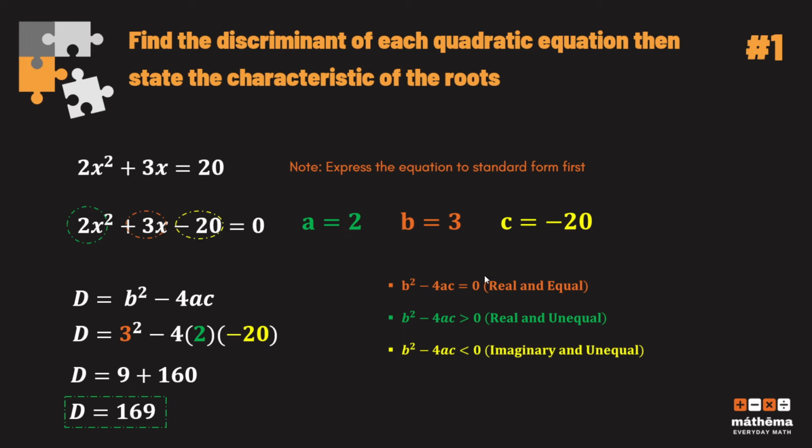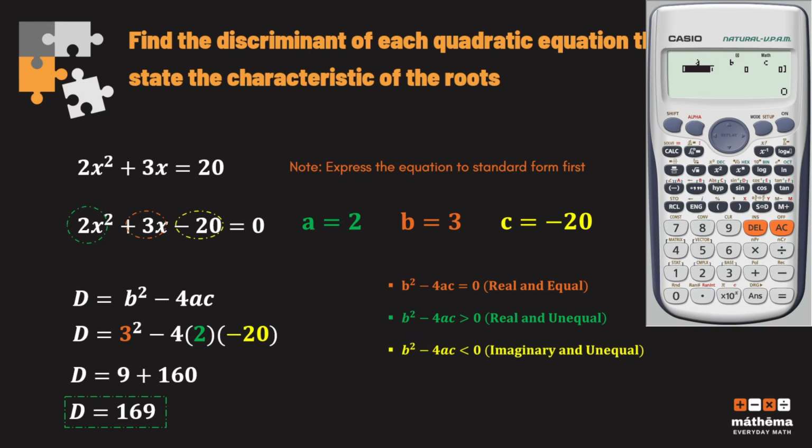So we'll check this one by solving the roots of this quadratic equation. So let's call our calculator to solve for the roots of this quadratic equation and see whether they are really real and unequal. For those who haven't watched yet our video on using the scientific calculator in solving the quadratic roots, I'm suggesting to watch that one first and then go back to this particular lesson. So in our calculator, we will simply input our a, b, and c.